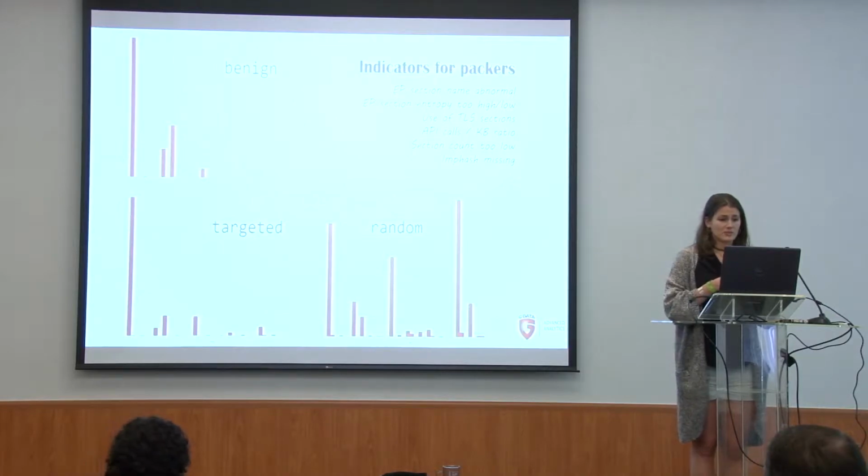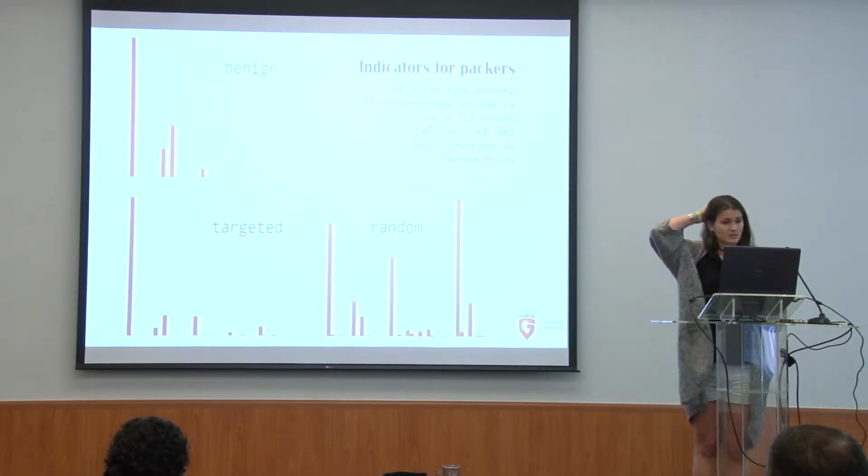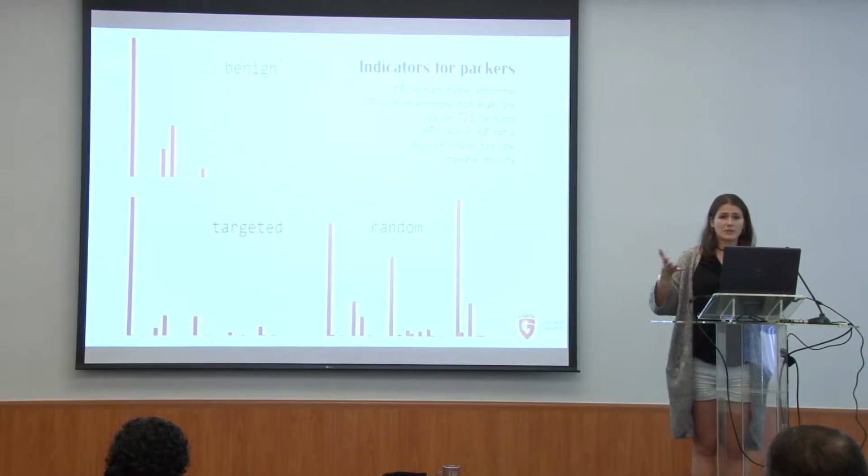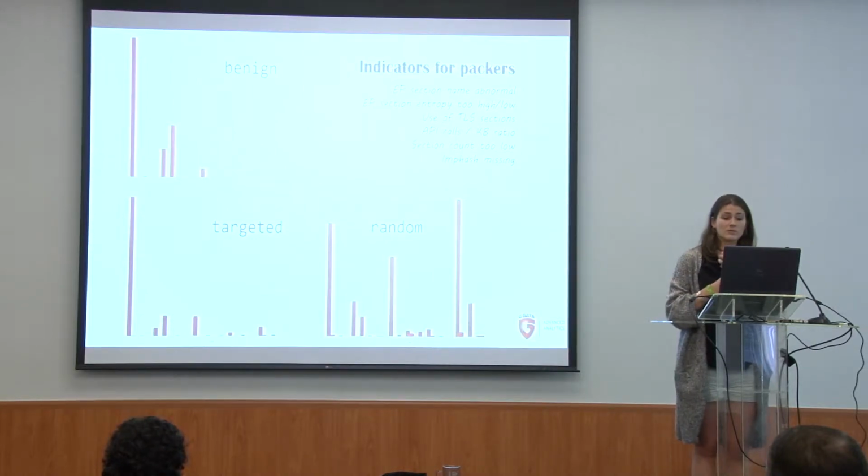For packer detection, we used a set of attributes that I listed on the screen that might or might not be real indicators for packers. I found them useful, but one would have to try it himself. My proof for that in the end was that we got the following statistics that are listed there.